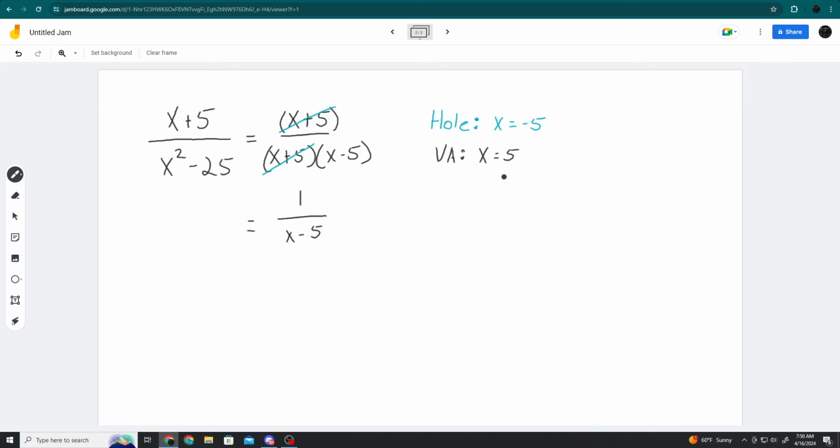So if you're looking at holes and vertical asymptotes, they come from the domain. The holes come from when things get canceled or reduced. Vertical asymptotes come from the things that are not reducible or not able to get crossed out. Okay, so those are your holes and vertical asymptotes.